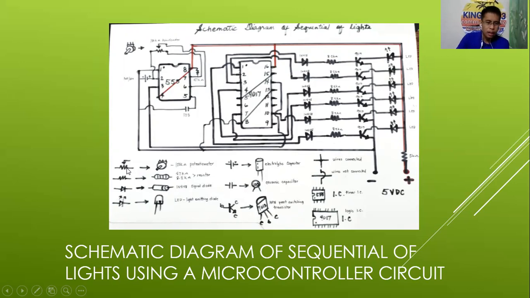So here is the symbol for variable resistor or a potentiometer, or sometimes we call this a volume control. The value is 100 kilo ohms potentiometer. And we have an ordinary resistor, fixed resistor.